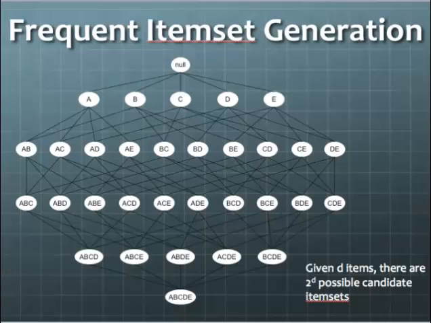During the frequent item set generation stage, we can use a lattice structure like this to enumerate the list of all possible item sets.